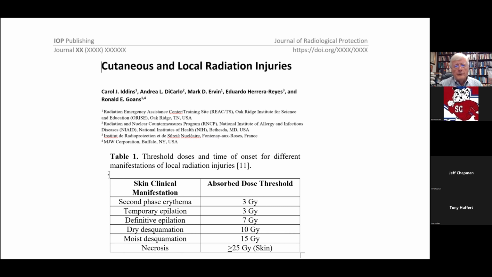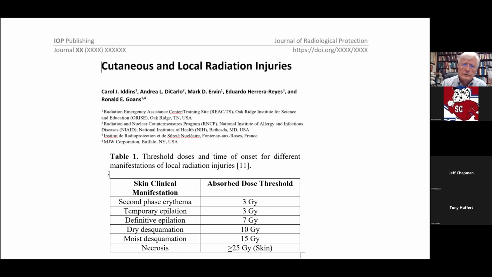So you have epilation at 3 gray to skin, definitive maybe by 7 gray at 10 gray to skin. Dry desquamation. Dry desquamation is damage to the basal layers of the skin. It's like a bad sunburn. Moist desquamation, blistering, 15 to 20 gray.